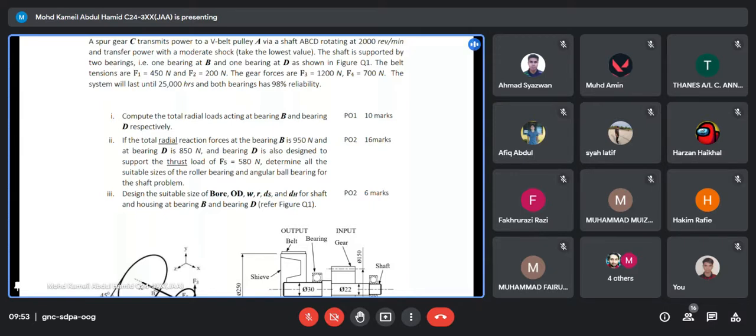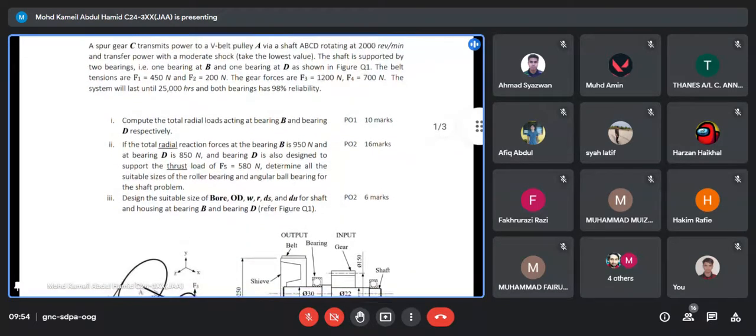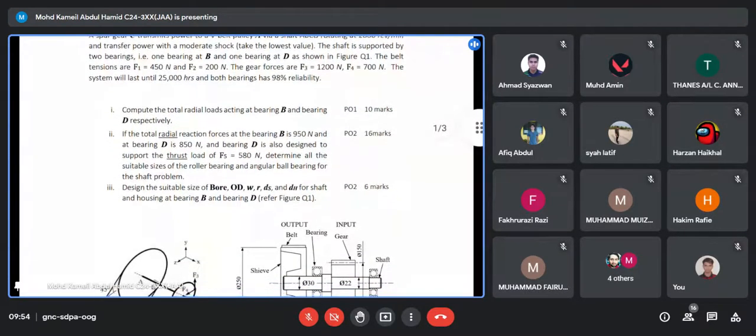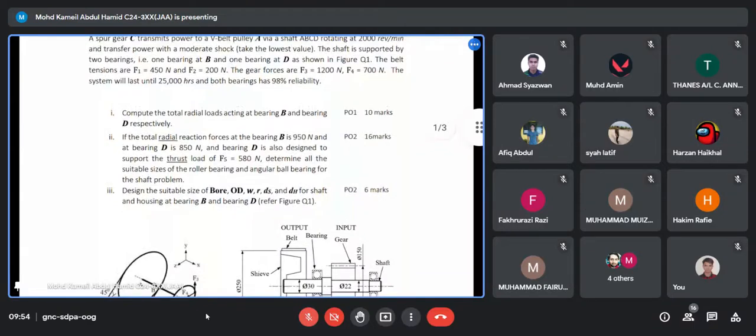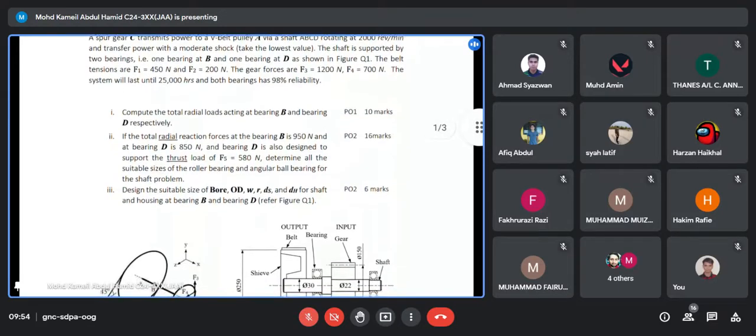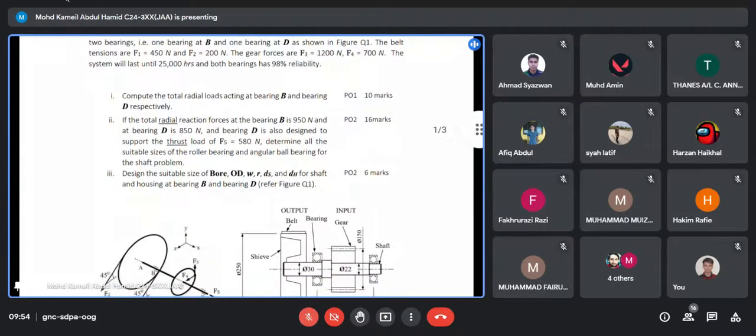Okay, look at this question. Spur gear C transmits power to a V-belt pulley A via shaft ABCD rotating at 2000 revolutions per minute, transferring power with moderate shock. Take the lowest value. The shaft is supported by 1 bearing at B and 1 bearing at D. The belt tensions are F1 50 Newton, F2 200 Newton.